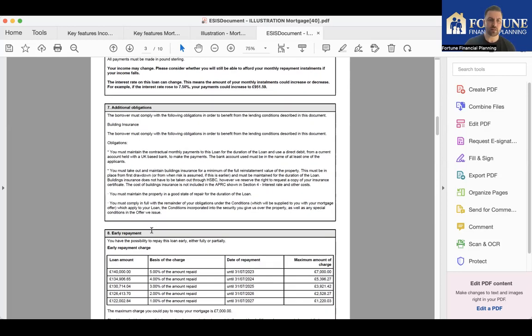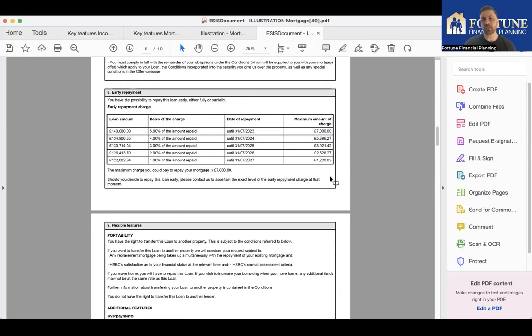Now, Section 8 is about early repayment charge. As mentioned, it's a 5-year product, and what this product does for you, the charge over the 5 years reduces by 1% each year. So if you was to exit a mortgage within year 1, there will be £7,000 early redemption charge, and then it staggers down all the way down to the final year at 1,220.